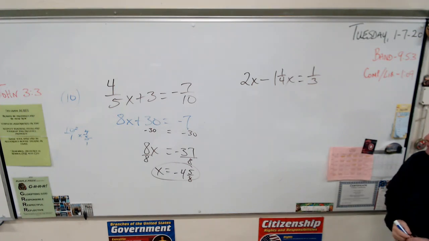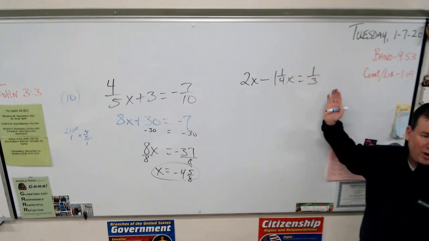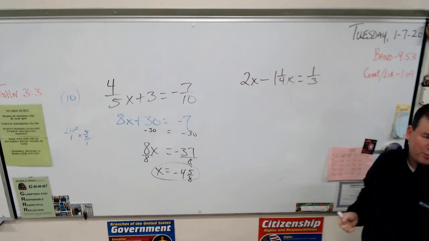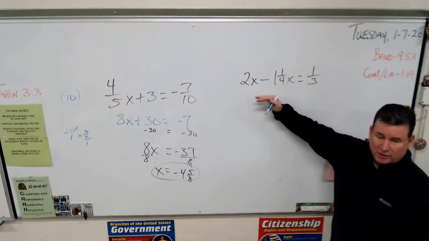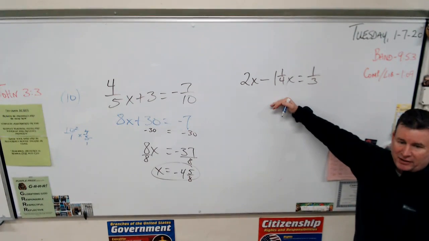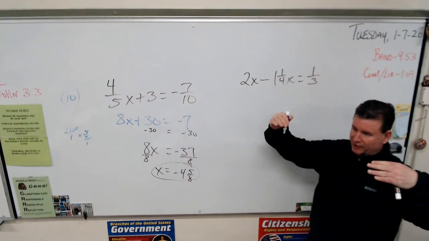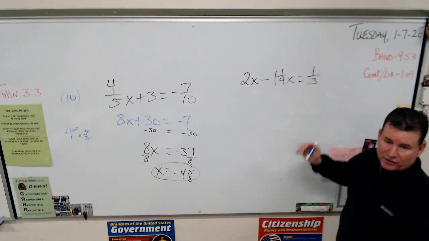Okay. How can I get rid of all the fractions in this problem to make it nice and easy to work with whole numbers? In order for this to be mathematically okay to do, I have to multiply everything by the same value. Everything has to increase proportionally the same in order for everything to stay balanced and equal.